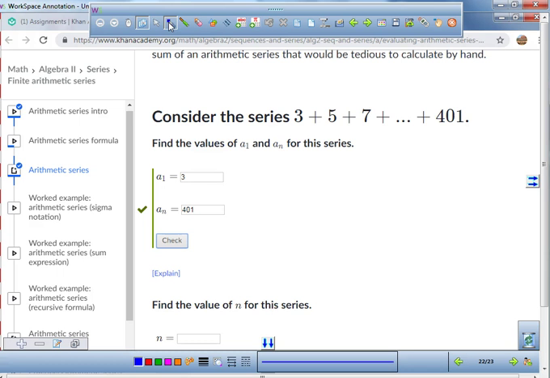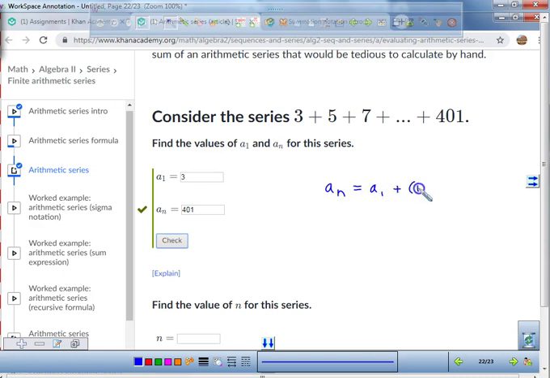I'm going to write a little formula down. Now, in an arithmetic sequence, you should have come across this formula. AN equals the first term plus N minus 1 times D. Let me explain to you what D represents.